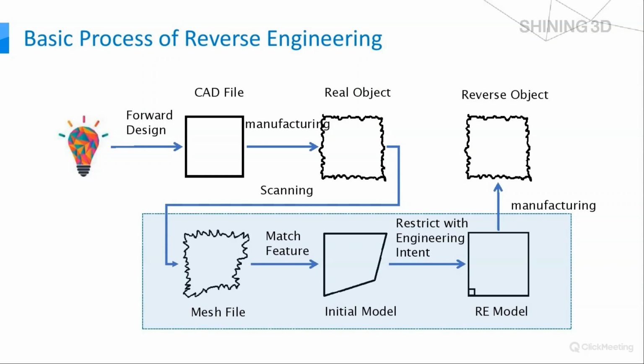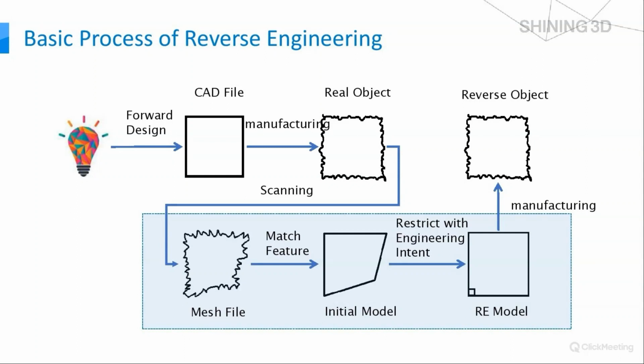In this, you will do things like matching or generating features based on the mesh files, and you get this initial model, in which you see that all the surface is now perfect. It's all purely flat. However, the angle is not good, right?